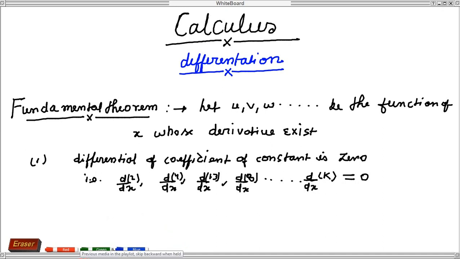so it means differentiation of 2, differentiation of 4, differentiation of 13, and differentiation of 8, and so on.